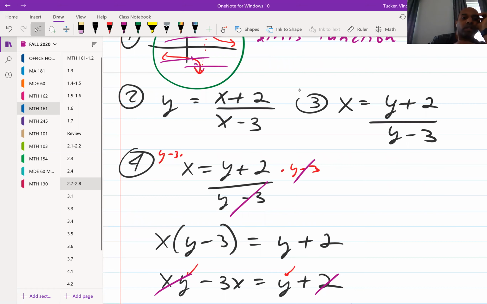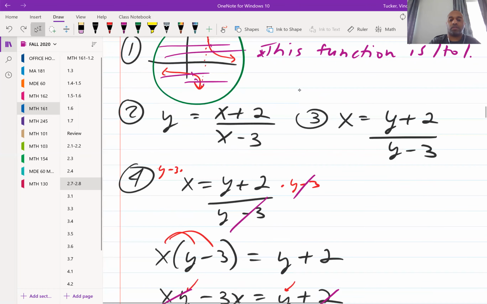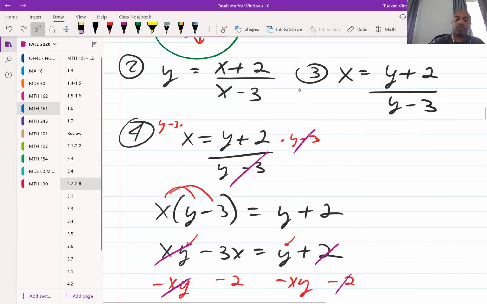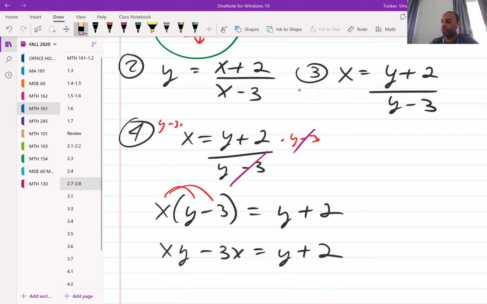All right, and then distribute x. That leaves us with this. It's xy minus 3x equal to y plus 2.